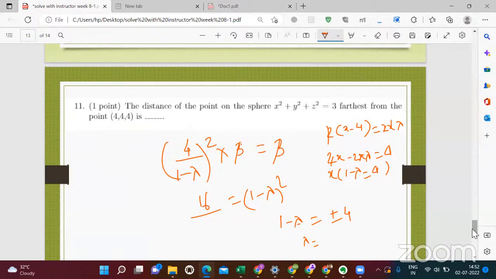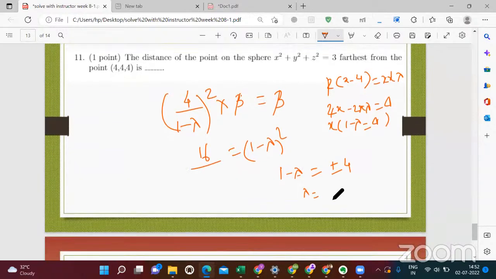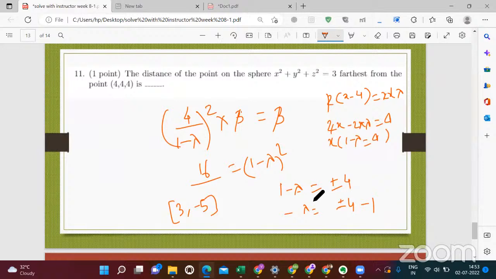So you'll get minus 3 or 5, either way. Okay.